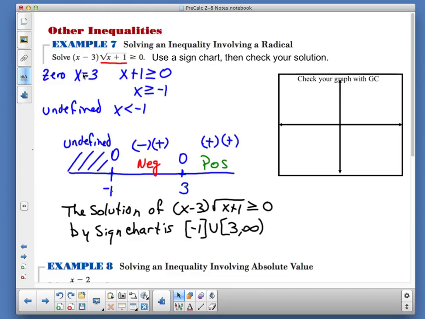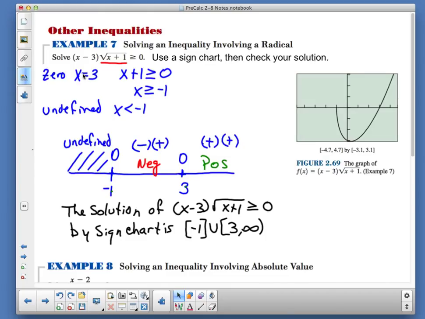Okay, does that make sense? I'm just looking for what's positive as my answer by sign chart, or 0. And if I look at my graph, that makes sense because it totally works here and it totally works here and on, for my answer. Totally positive or 0 in those spots.